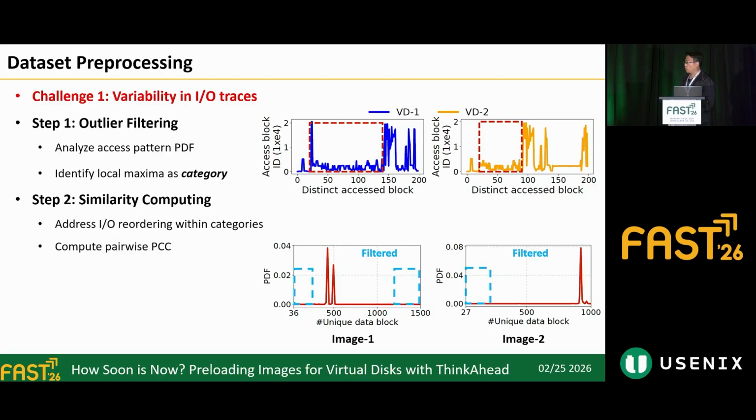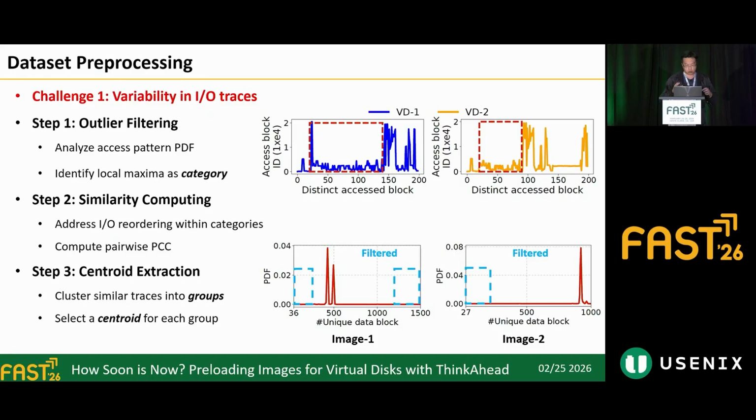Here we compute the pairwise Pearson correlation coefficient to check if two trace sequences are similar. The idea of using PCC is, first of all, it's efficient. Second, it can address the ordering issue. Finally, we divide this category into different groups. These groups of trace sequences are what we use to do the training.